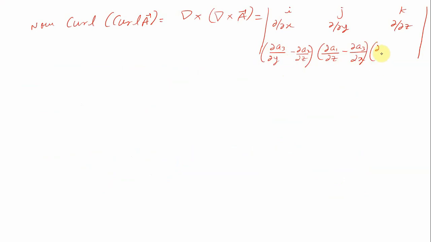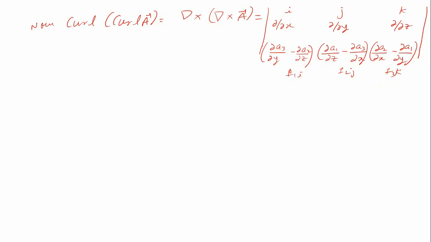Next I am going to substitute dou a2 upon dou x minus dou a1 divided by dou y. I have just substituted these values. This is also considered as f1, f2, f3, which are beside i, j and k. Please remember this students.